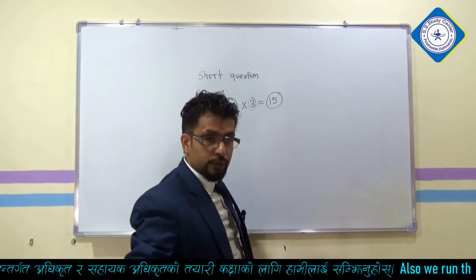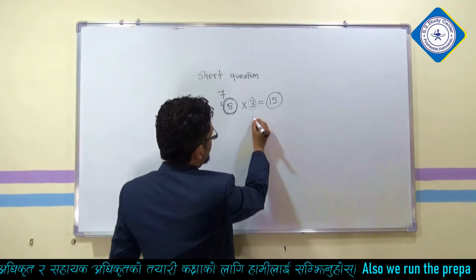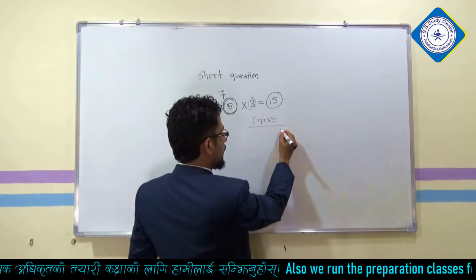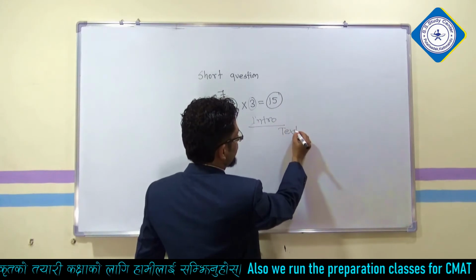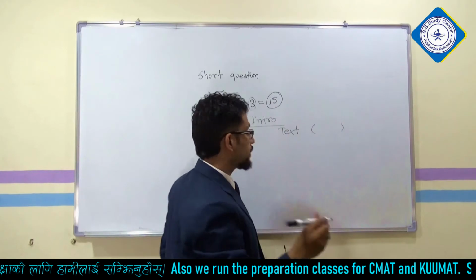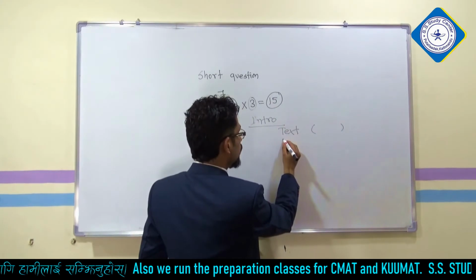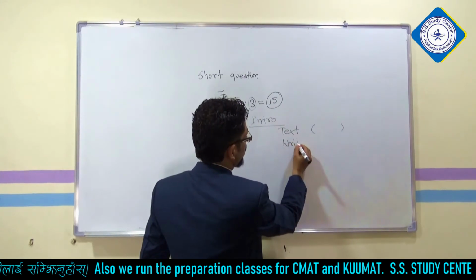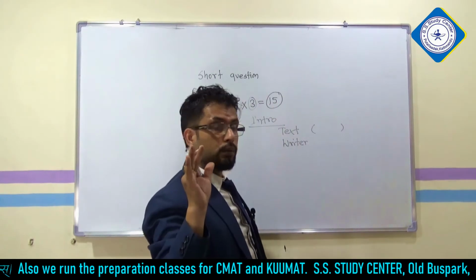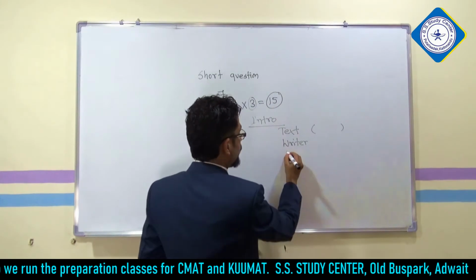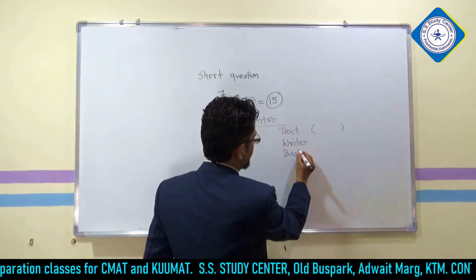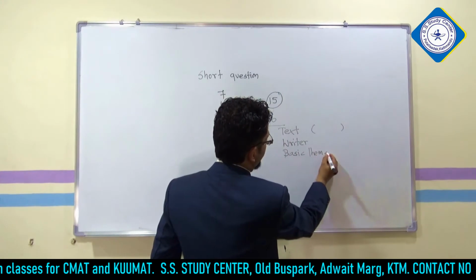In the introductory part, you are going to mention the text. Usually the text is always mentioned in brackets in your examination. After that, you must know who the writer is, and also the basic theme, or main theme.